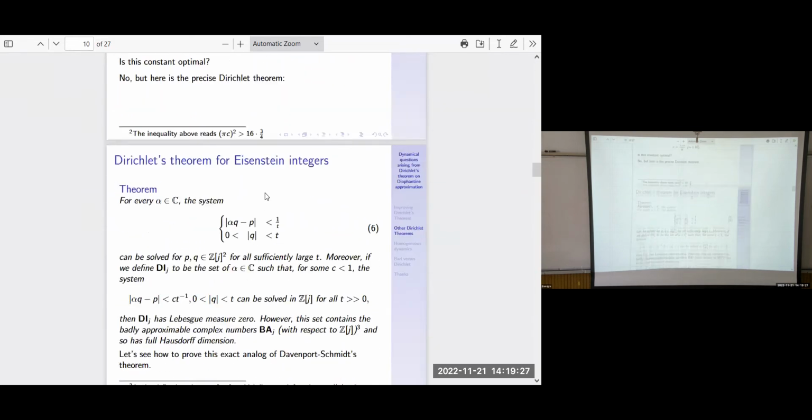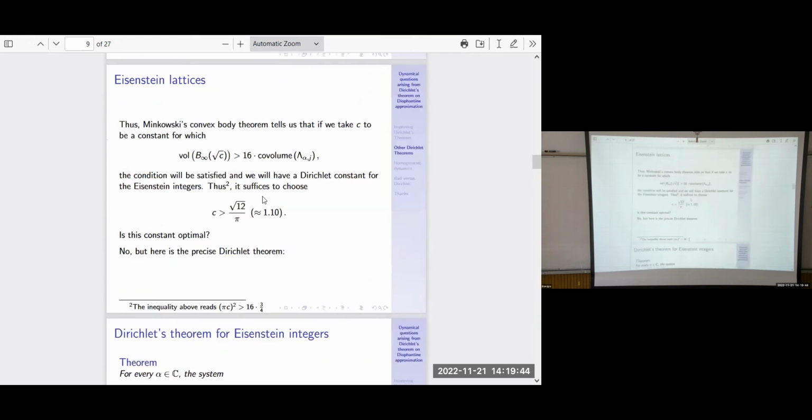So the precise Dirichlet theorem is this. So the right constant is 1. Okay. Wait, so this was 1.1, and now you're saying that you can. No, yeah, it's 1. It's 1. But this one, the one that we computed was 1.1 roughly. Yeah. And you can improve it for some reason. Yeah. There's some wastage.